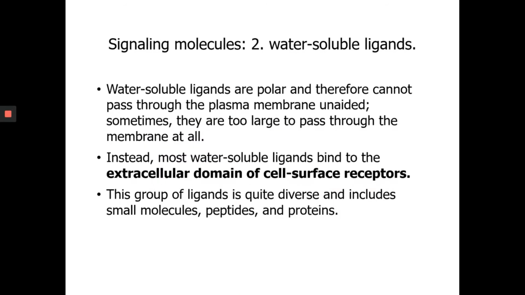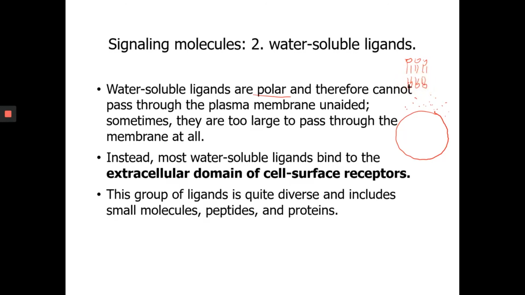Okay. So the second group of signaling molecules are water-soluble ligands. These are water-soluble, so that means they're polar. If you remember from last chapter, if they're polar, then they can't really cross the cell membrane very easily. They're pretty much blocked from getting into the cell, and that's due to the plasma membrane structure, right?